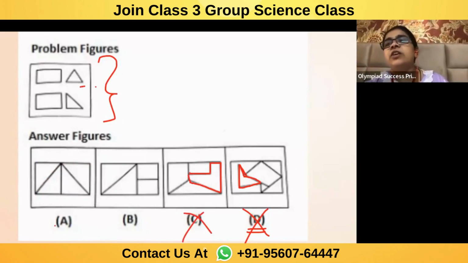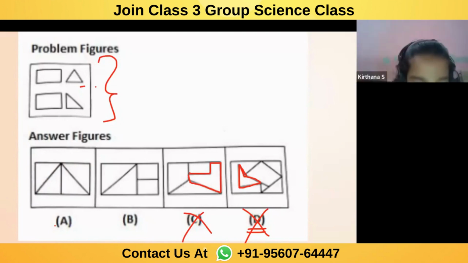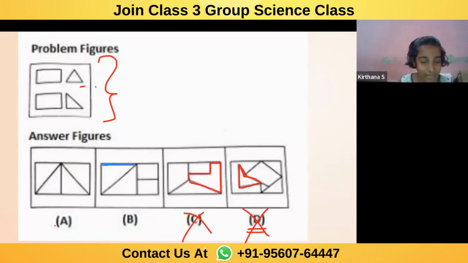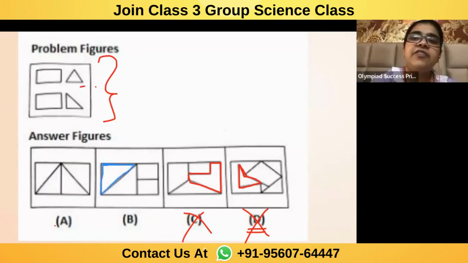Everyone will focus. Ronak, others pay attention. Say, Kirtana. Miss, can I explain the B? Okay, say. Miss, in B there is no overlapping. Correct. We have triangle number 1 here. And Kirtana, we can take triangle number 2 here, right?